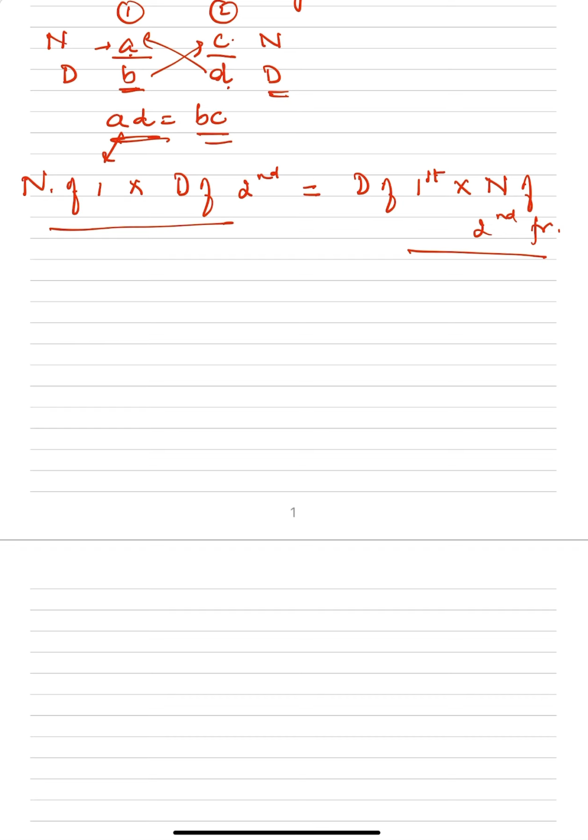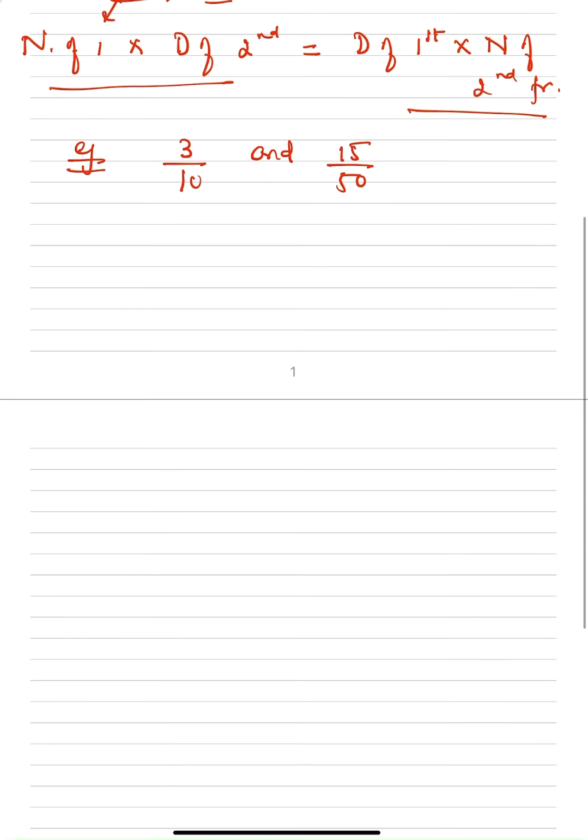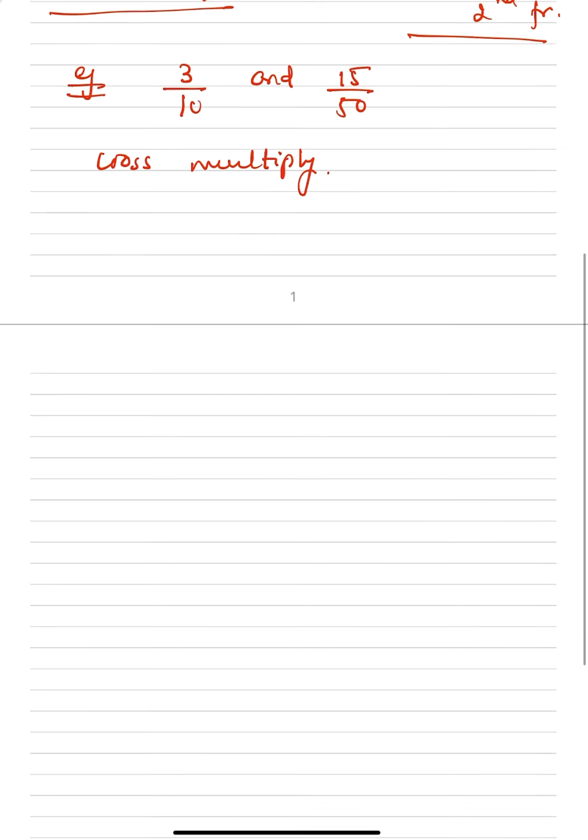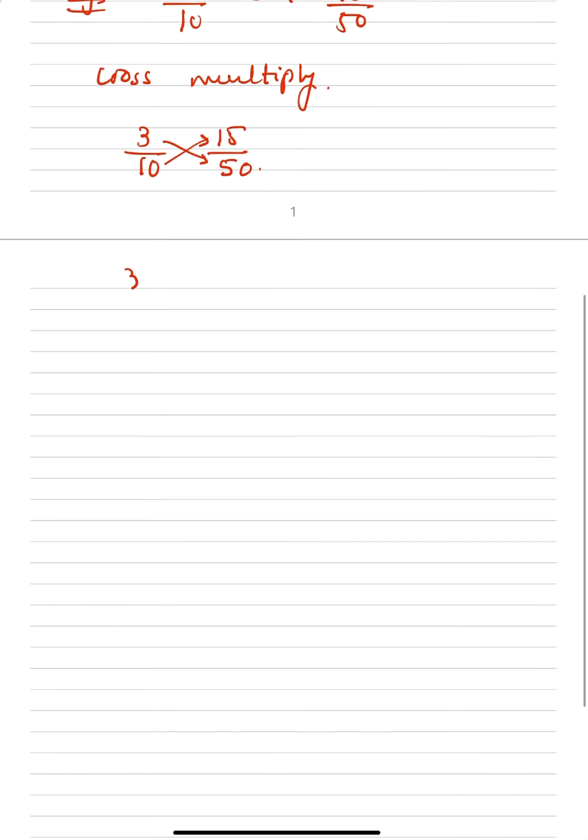Let us take an example, 3 upon 10 and 15 upon 50. What will we do first? We will cross multiply. So we write 3 into 50 is equal to 10 into 15. 3 into 50 is 150 and this is also 150.